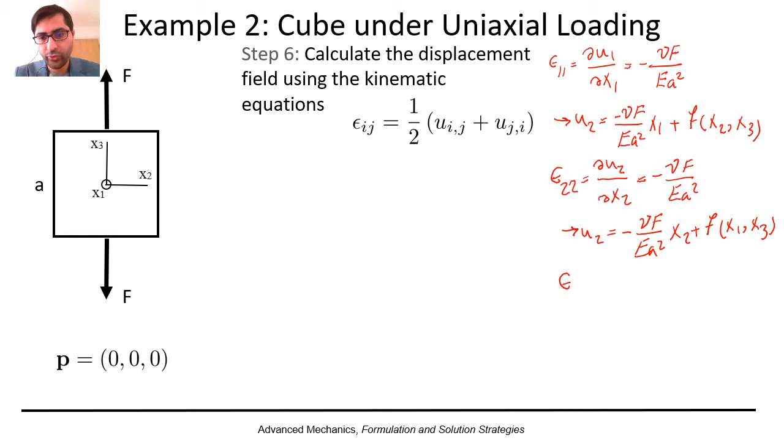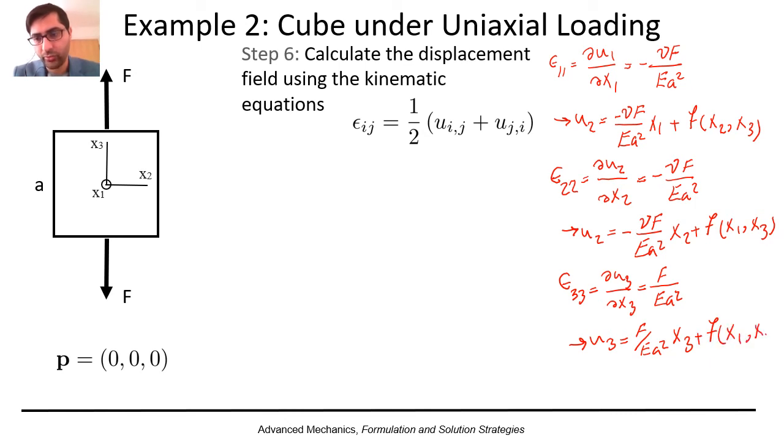And finally, for epsilon 33, it is again partial u3 partial x3, which is equal to F over E a². So u3 is equal to F over E a² x3 plus a constant, which can be a function of x1 and x2, but not x3.